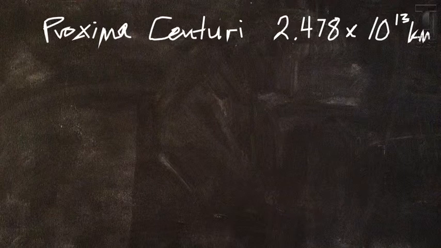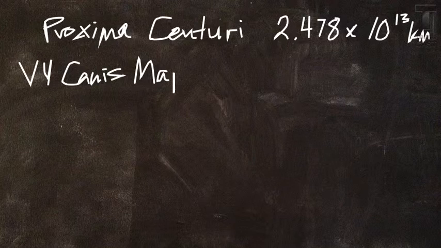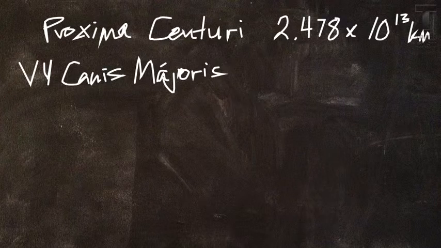And what about another star? There's a star called VY Canis Majoris. That is 2,000 times the size of the Sun, which is a whole other calculation we could do.